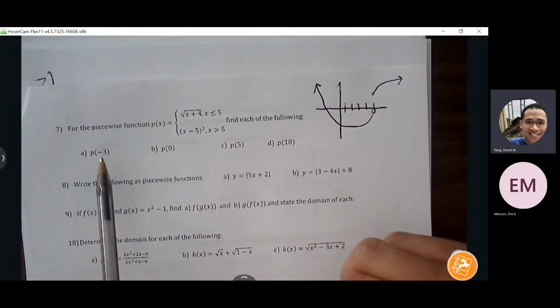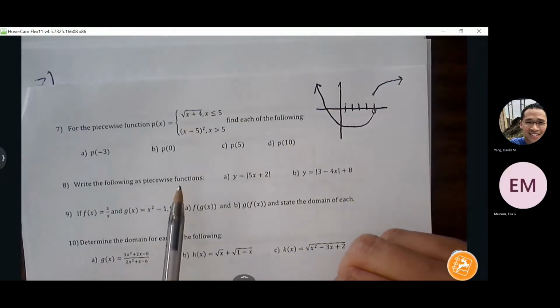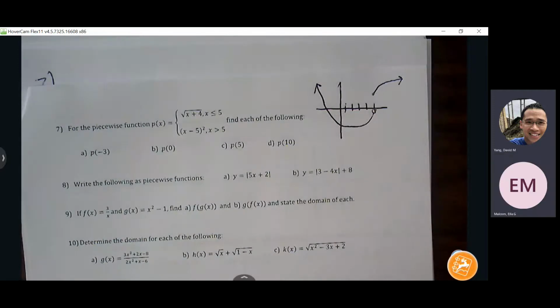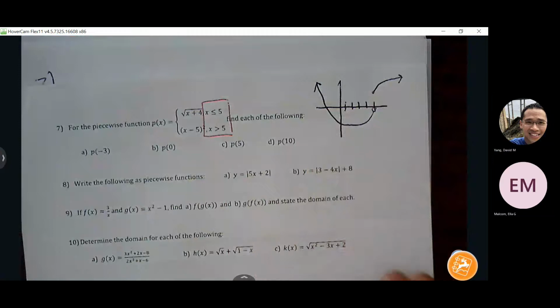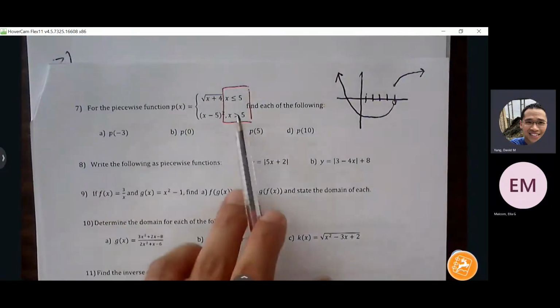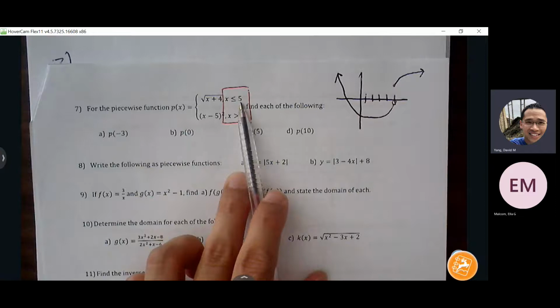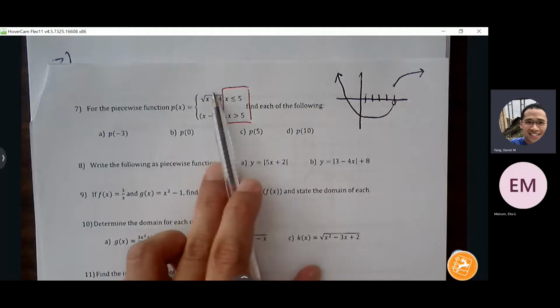So we should be able to insert the x value into the appropriate piece. But the way that we decide is we look at the restriction. Is the x value to the left of my restriction, or is it to the right of my restriction? Anything that's less than 5, I want to use this expression.